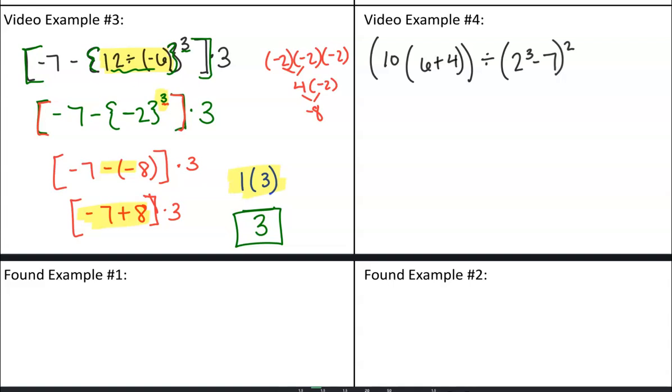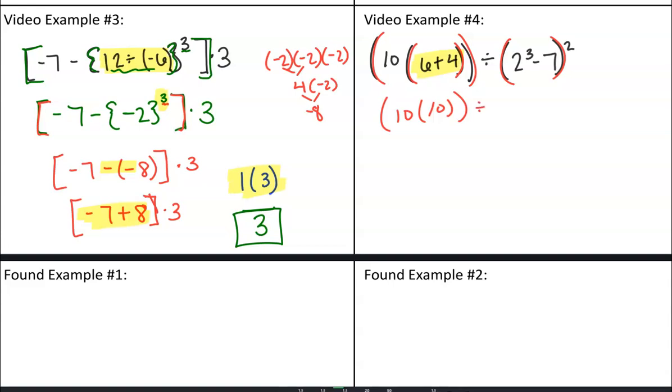One more example together. Looks like we have big parentheses out here, and inside of those we have that, and then we have parentheses over here. Inside these parentheses, we have an operation of 6 plus 4. So 6 plus 4 is 10.